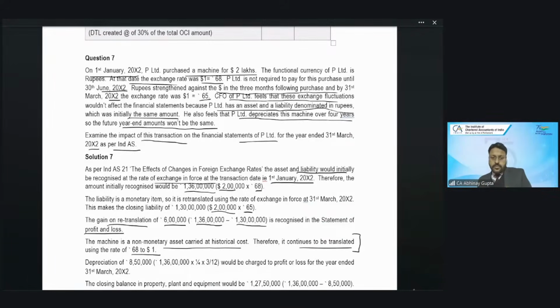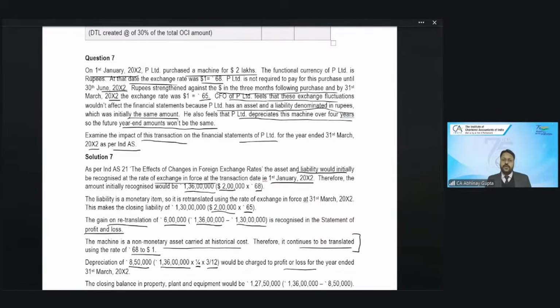Depreciation: 1 crore 36 lakhs into 3 by 12 months into 1 by 4. Life is 4 years. So 1 by 4 into 3 months divided by 12 months. Right? So 8 lakh 50,000 would be the depreciation which will be charged to the P&L for the year. What is the date of the transaction? 1st of January.